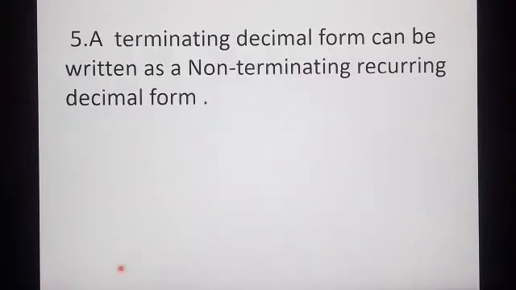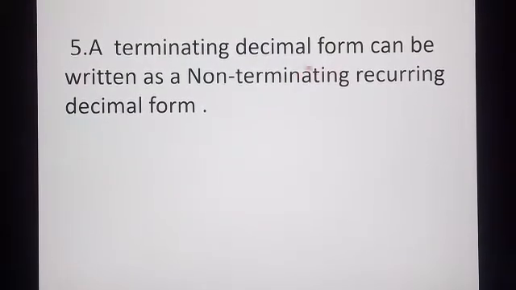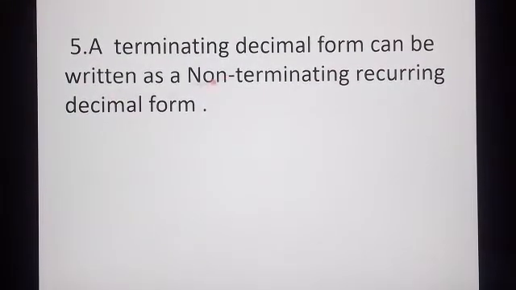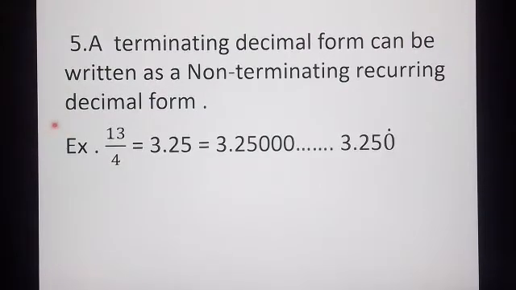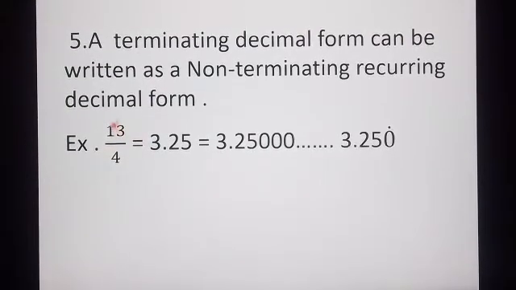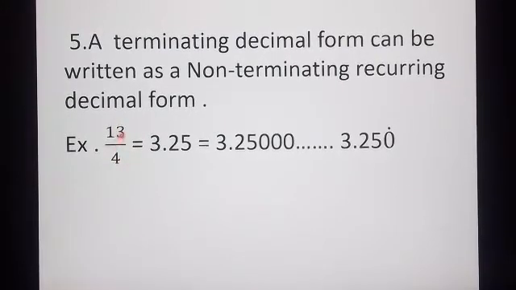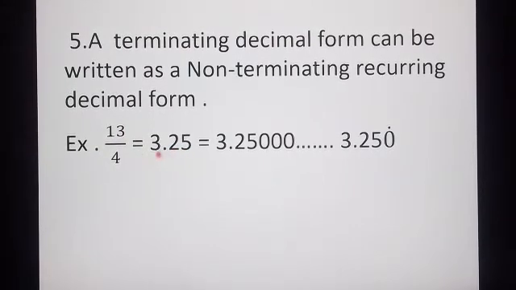Now, a terminating decimal form can be written as a non-terminating recurring decimal form. Taking one example, 13 upon 4: if we do the division of 13 by 4, what will we get? 3.25. Here the division ends.